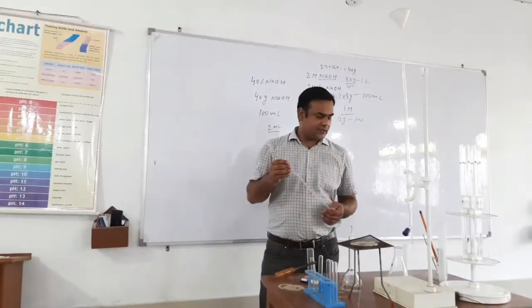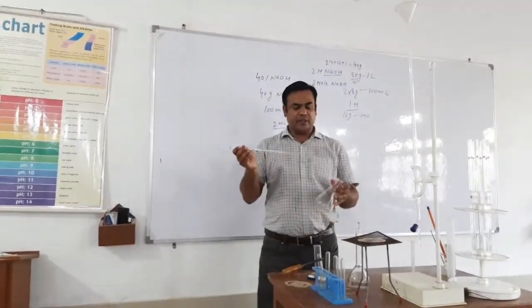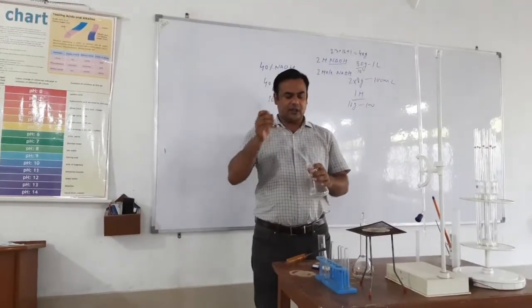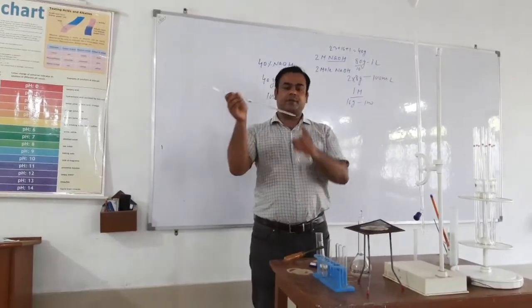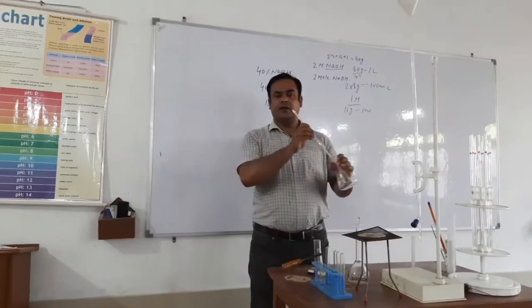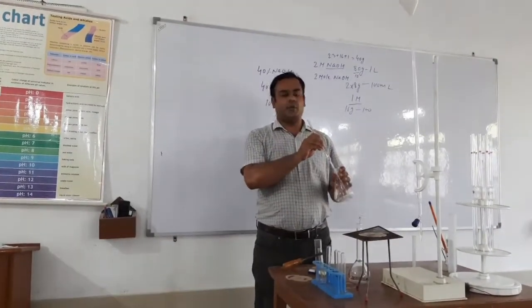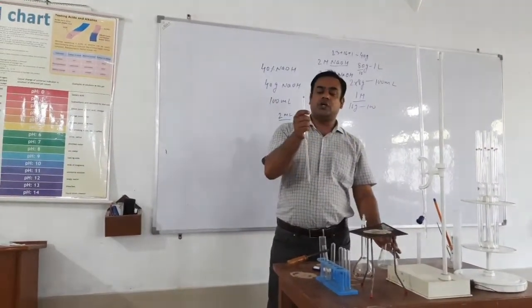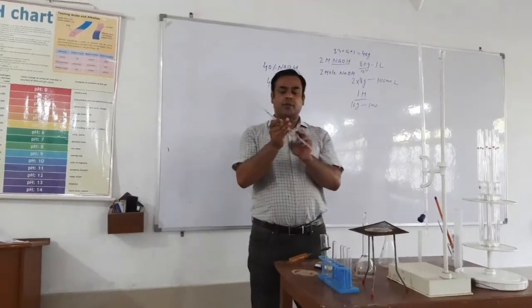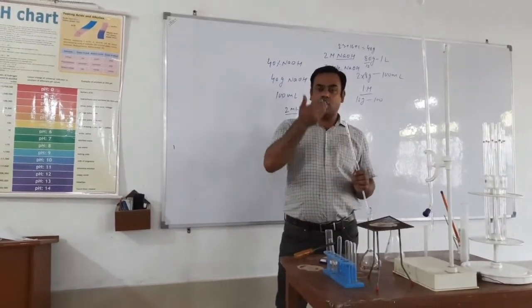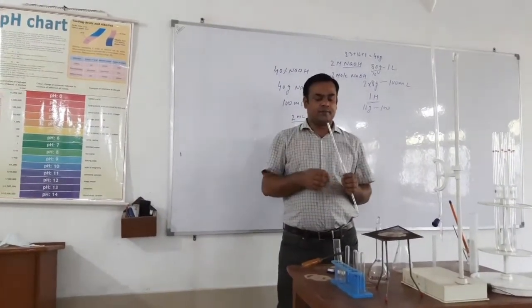So how do we do this? Very simple. If there is solution in this titration flask, we dip the mouth of the pipette inside and then we suck with our mouth. We have to keep our eyes on the pipette so that the solution does not go inside our mouth.